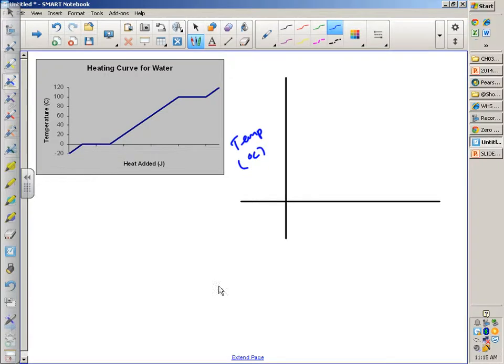But then on the x-axis of your graph, yours wasn't energy, it was actually time. And time, depending on how you set up your LabQuest, could have been minutes, could have been seconds, really doesn't matter. So that was one change, that yours is time versus temperature, whereas the heating curve that I showed you in class was energy versus temperature, same picture.